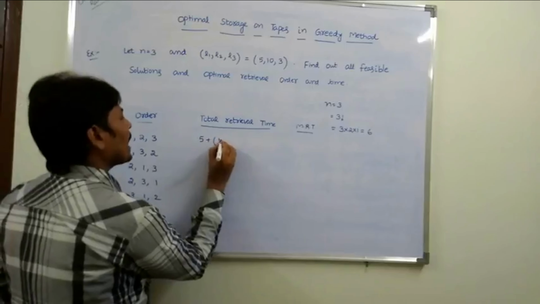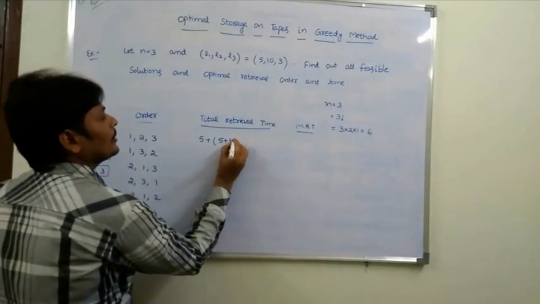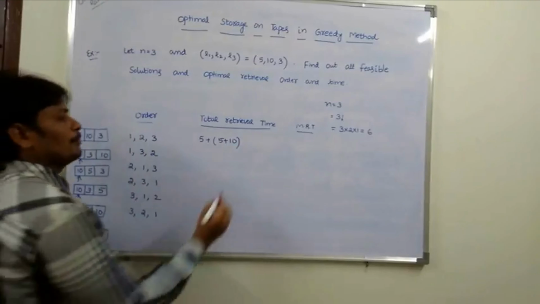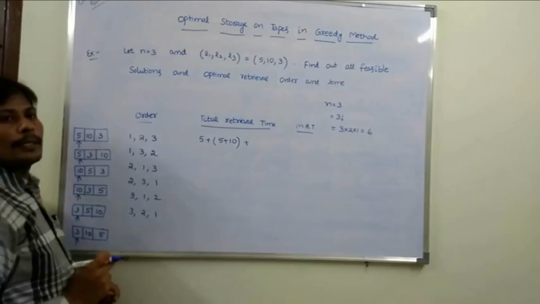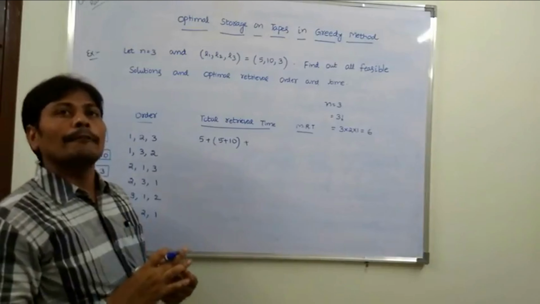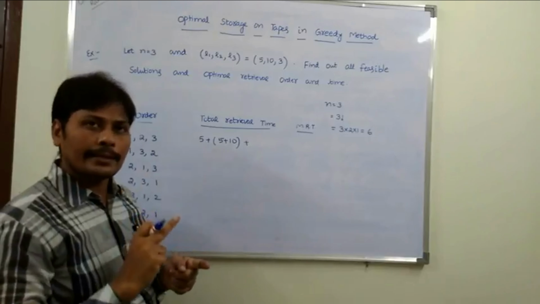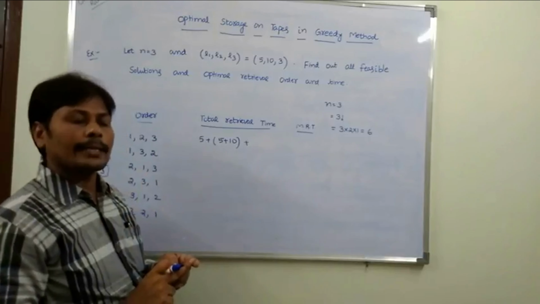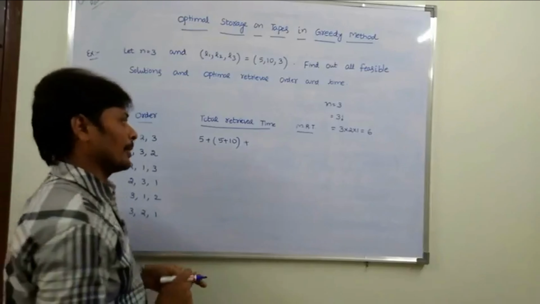The first program time is 5, the second program time is 10, so that is 5 plus 10. Next, we want to access the third program. To access the third program, we need the first program plus the second program plus the third program.